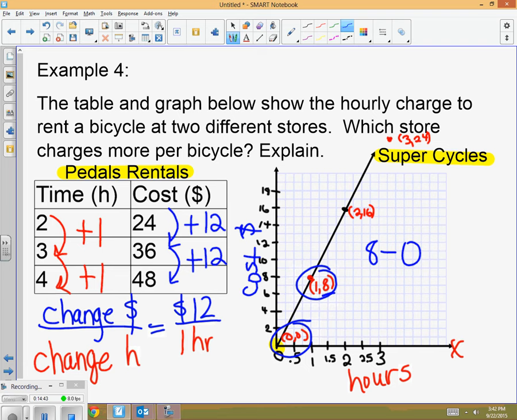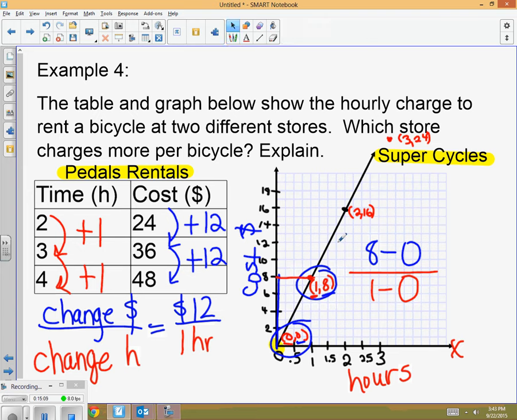I'm using the 8 in the y-coordinate and the 0 of the other y-coordinate. So $8 take away $0. This is my vertical change. Now, for my horizontal change, I have 1 for my x-coordinate and 0 for my other x-coordinate. This is your horizontal change.